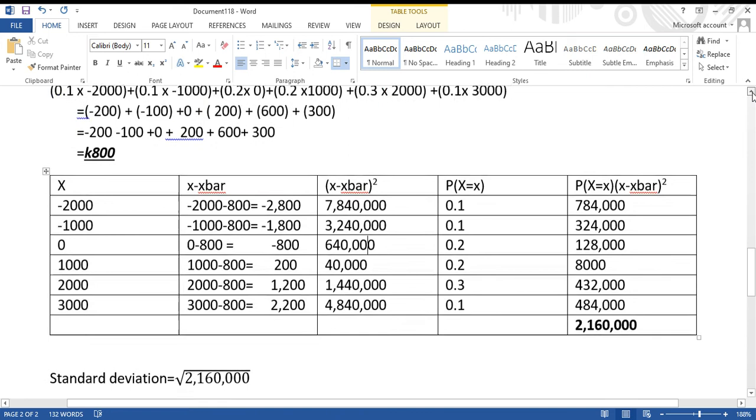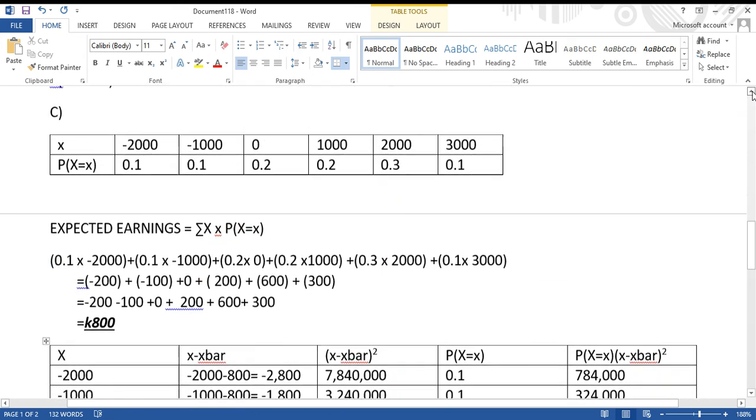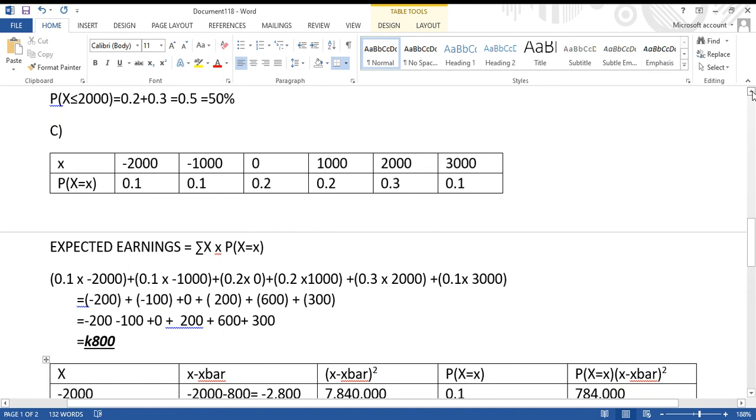Is it the same that you do negative 200 squared times 0.1 plus negative 1000 squared times 0.1? Yes. You're supposed to arrive with the same answer.